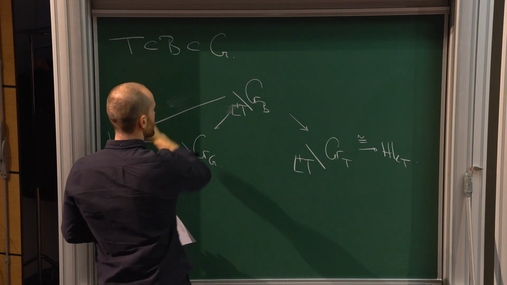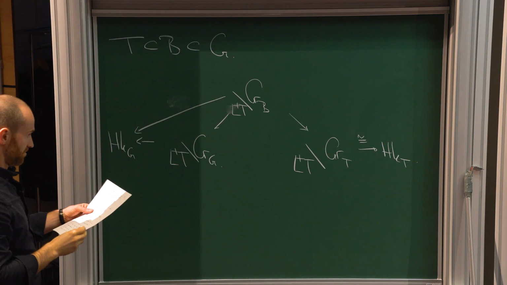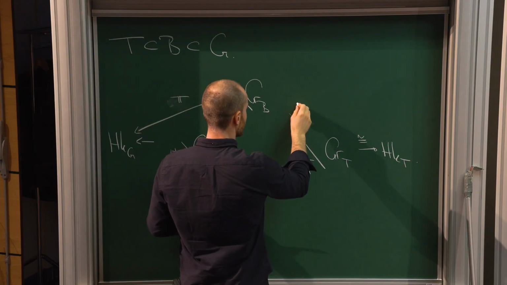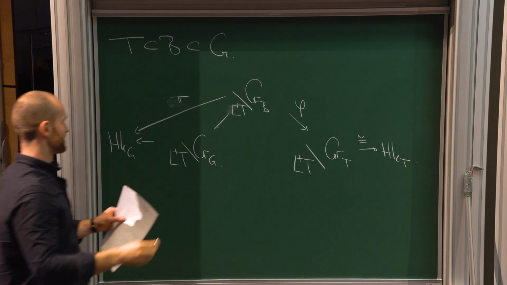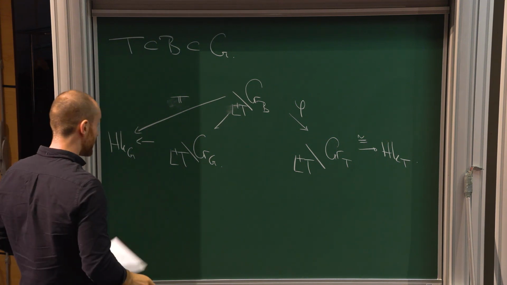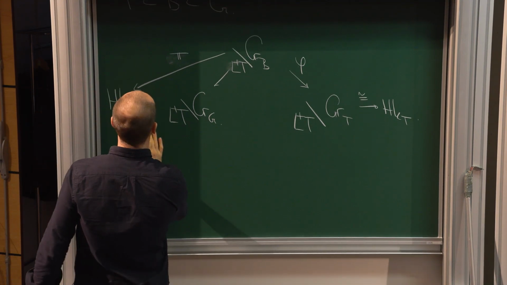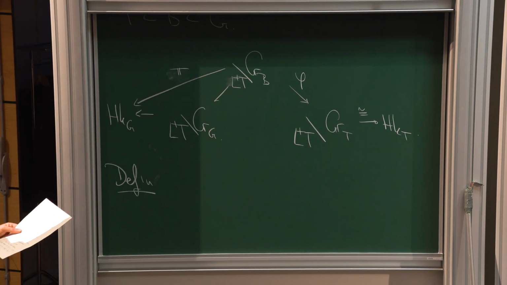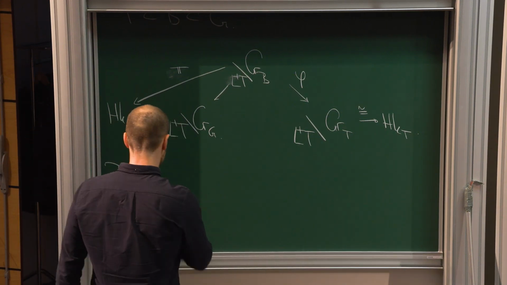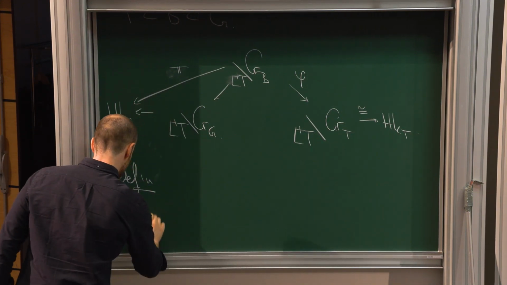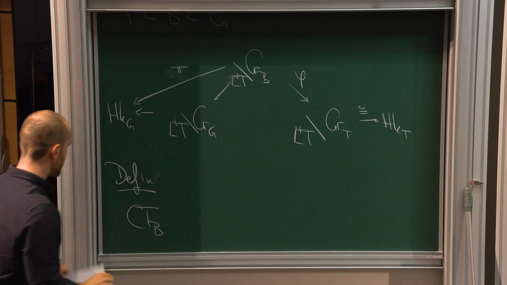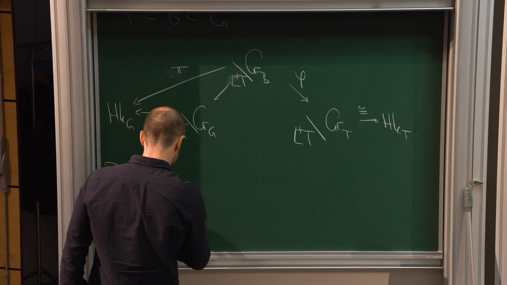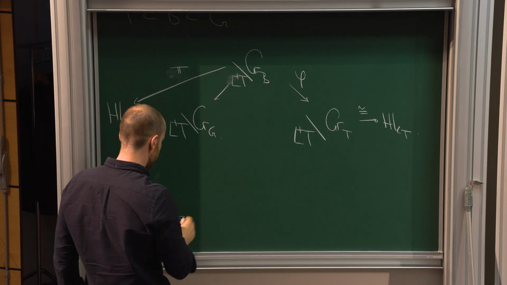And let me denote this by notation P. Oh no, P and Q are already gone. Pi, yeah. Pi and phi, I don't know. Ah, no. Okay, pi and phi. And then the following definition, namely this constant term functor, it's the pull-push for that diagram, but there's a little shift involved.